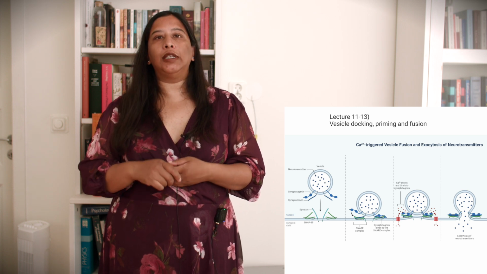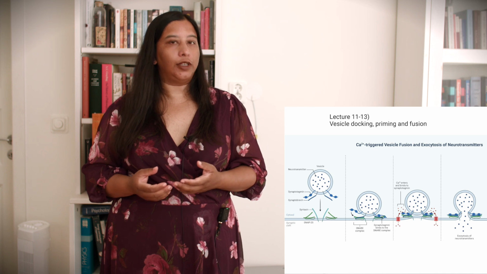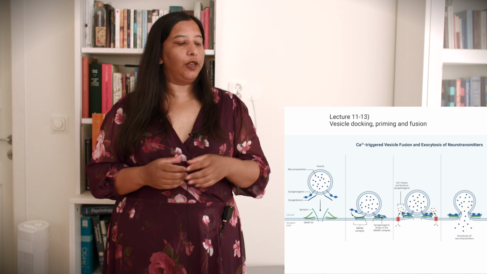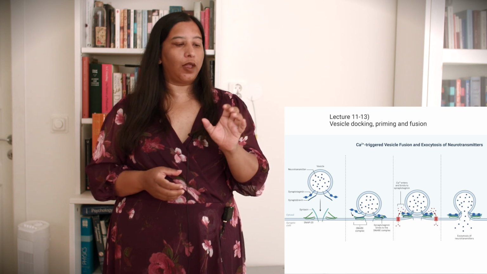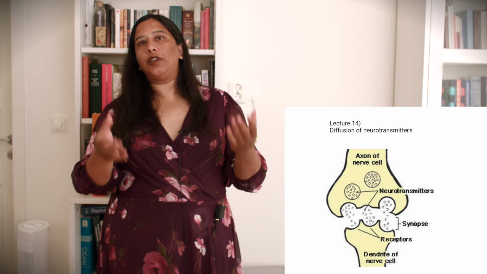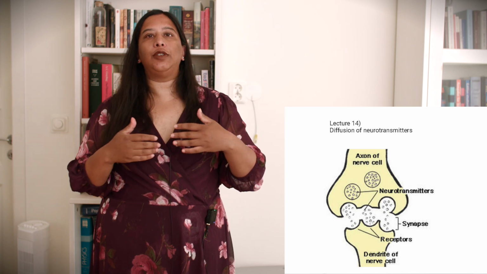And this fusion occurs when the fusion sensor, synaptotagmin in most fast synapses, binds to calcium. So once the fusion has occurred, the neurotransmitters will diffuse into the synaptic cleft.